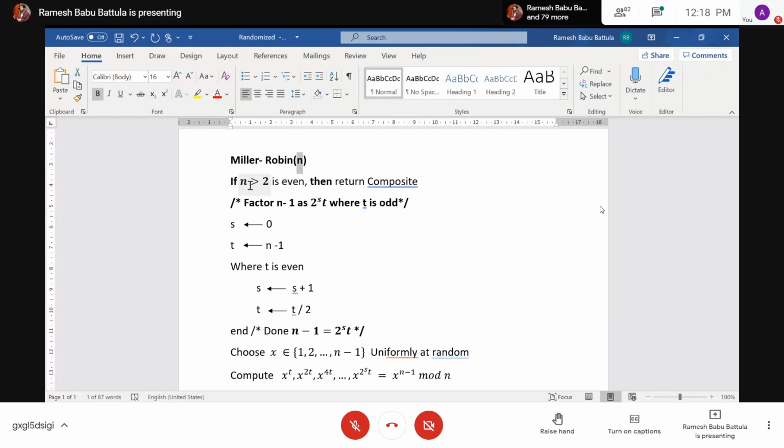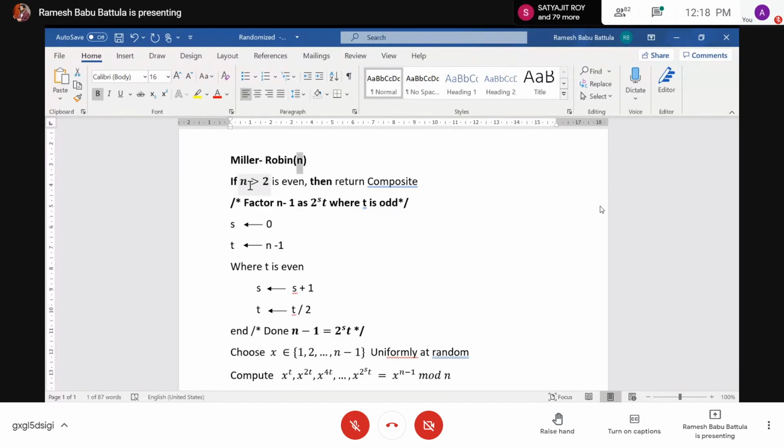Small correction here: n minus 1 we can represent in the form of 2 to the power s into t, and in that case your t is going to be odd.